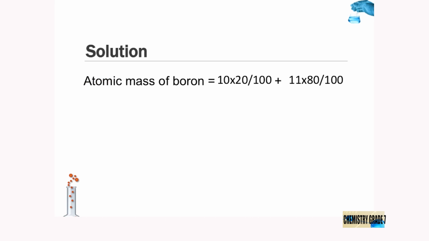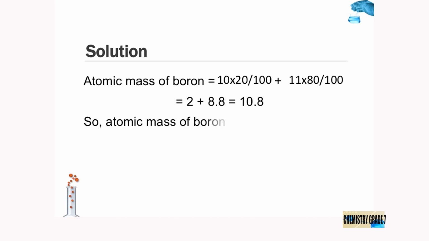Then, we take the mass times the abundance of the second isotope. So 10 times 20% plus 11 times 80%. That is 2 plus 8.8 is equal to 10.8. So the atomic mass of boron is 10.8.